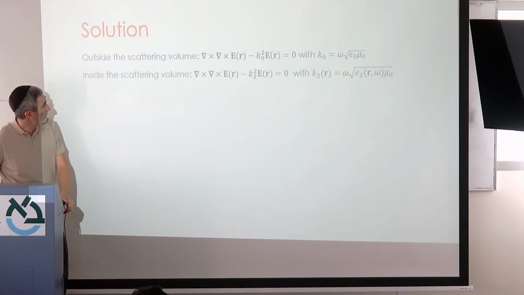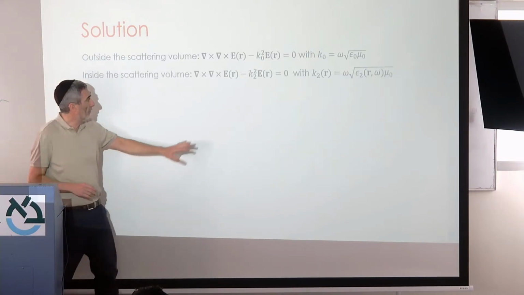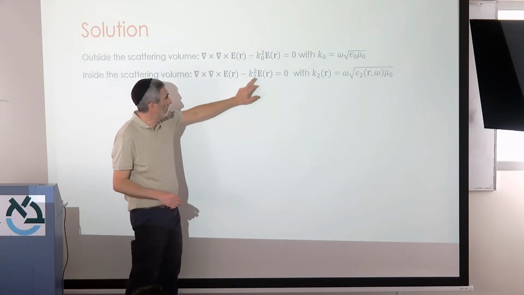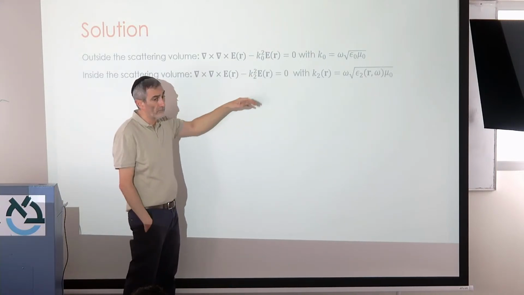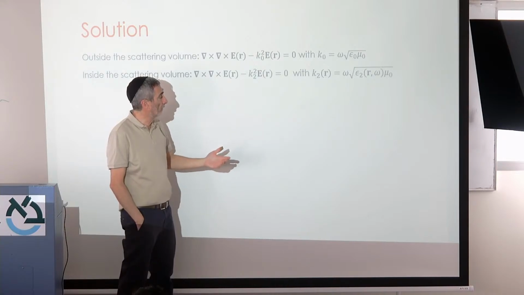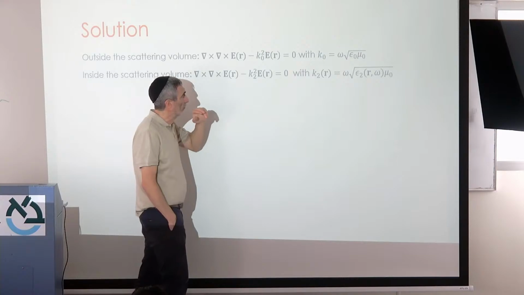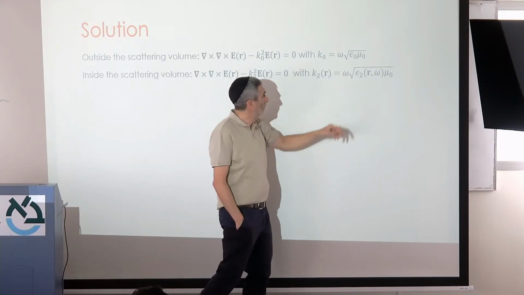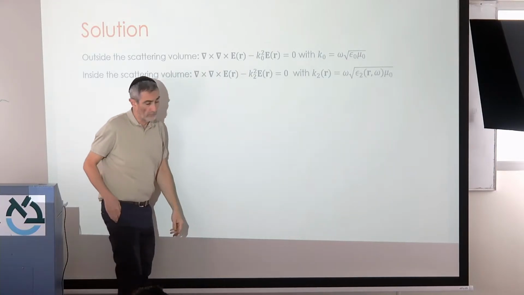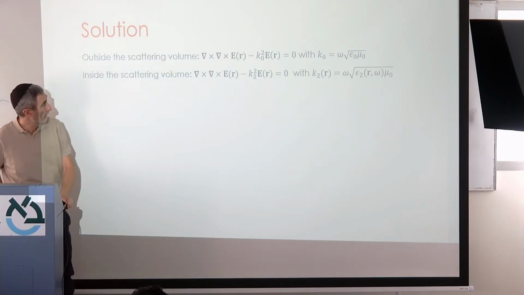And inside the scattering volume, you have the same operator applied to E, except that you now have some index of refraction, some epsilon 2 here. So k2 is omega square root of epsilon 2 times mu 0.